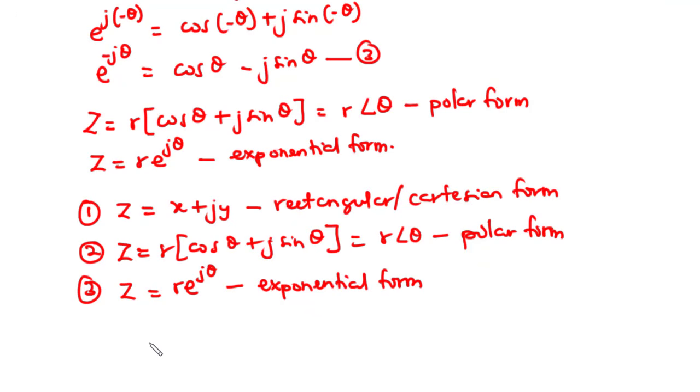So for example, if you are given the complex number 5 polar 30, and this is in the polar form. Now if you want to convert this to the exponential form, first of all you need to change this value from degrees to radians.